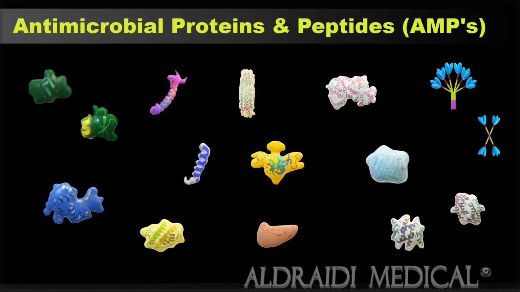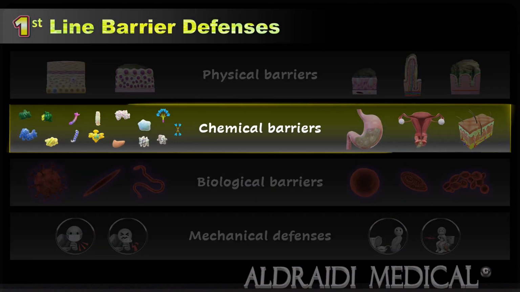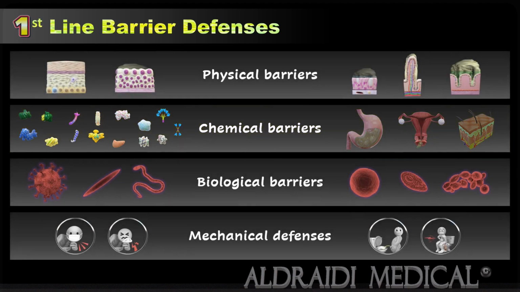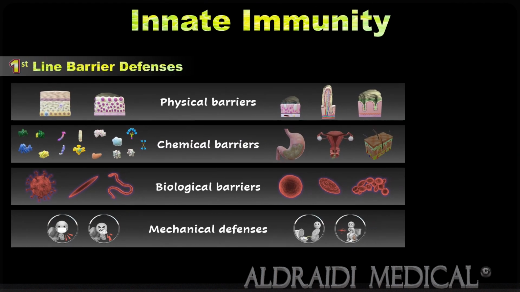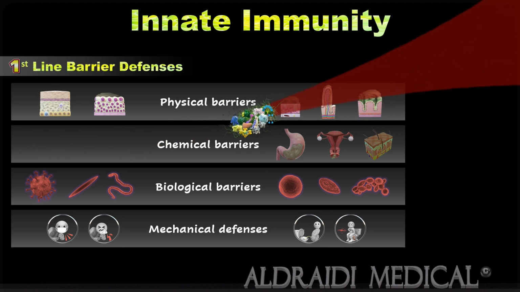AMPs are defense molecules that function mainly as chemical barriers in our first line of defense, and they play a major role in the innate immune mechanisms that start acting immediately once a pathogen breaches one of the host's anatomical barriers.